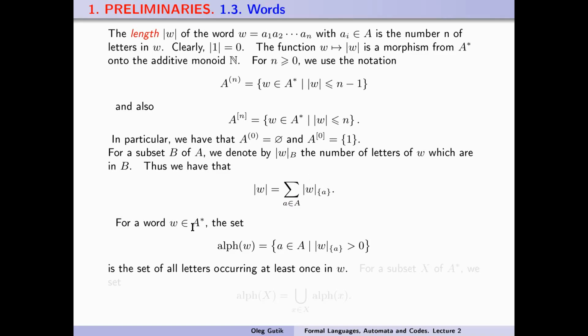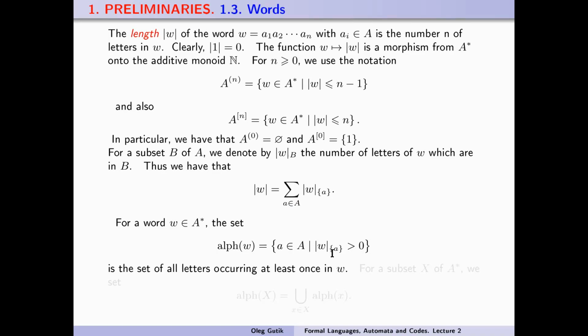For any word W of the free monoid, we put the following: alph of W consists of such letters of the alphabet which has the following property.